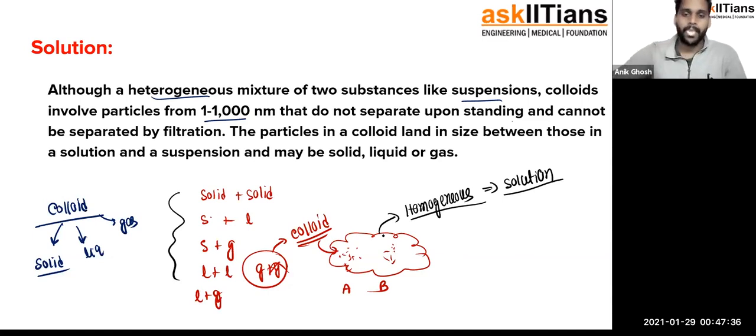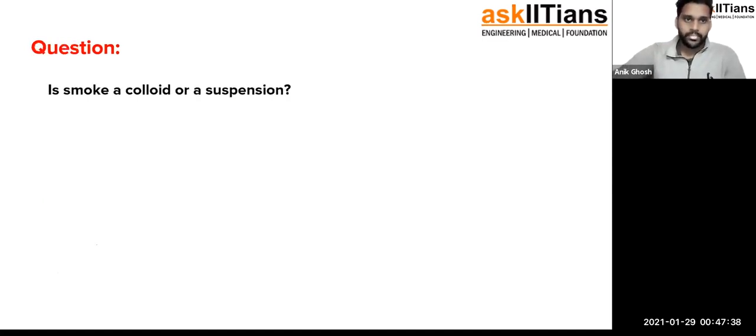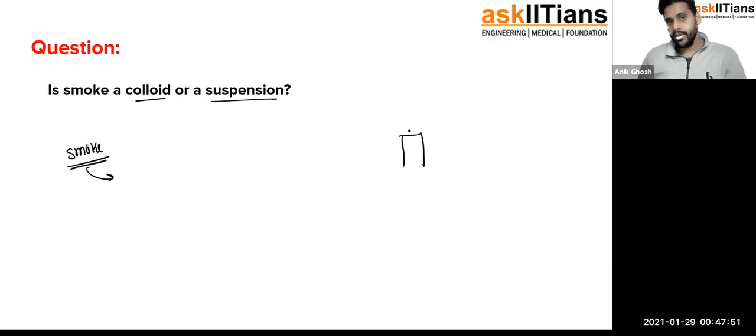Okay. Now, is smoke a colloid or a suspension? Think about it. What does smoke actually contain? I think you have seen smoke coming out of chimneys, from different types of chimneys, from the industrial belts.